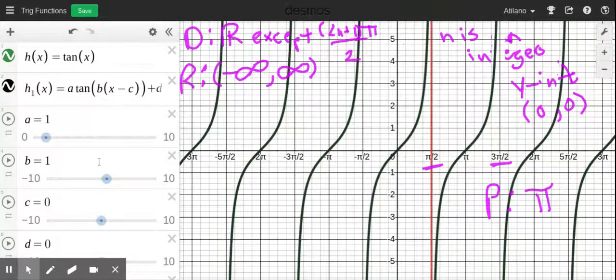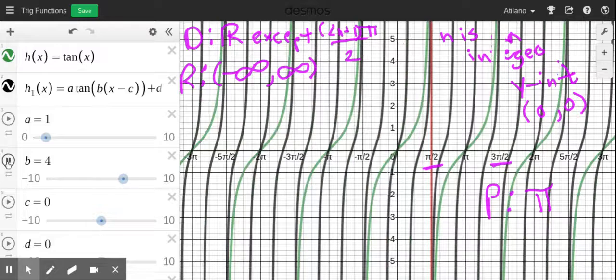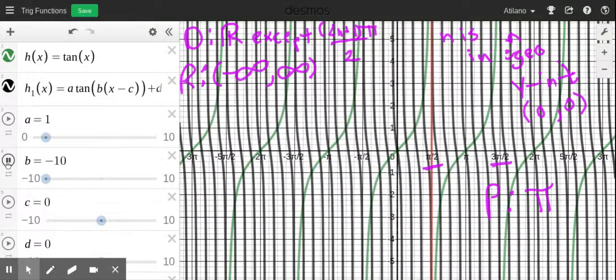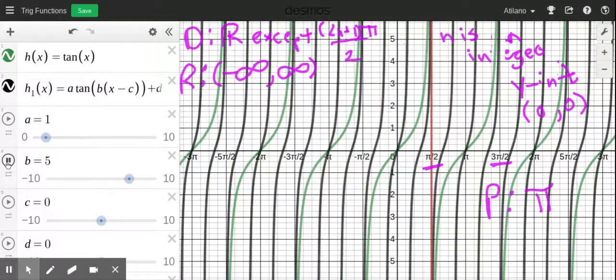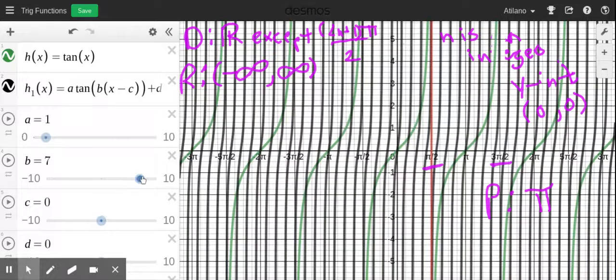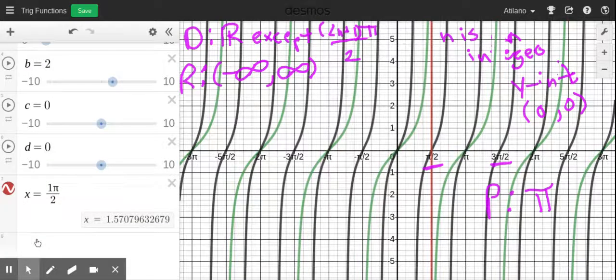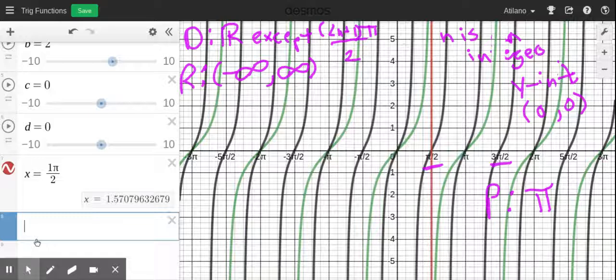Cool. Now let's talk about the b value. If we take a look at this now, typically we would have vertical asymptotes at x equals pi over 2 and x equals negative pi divided by 2.